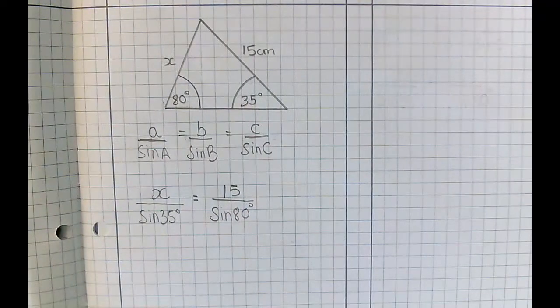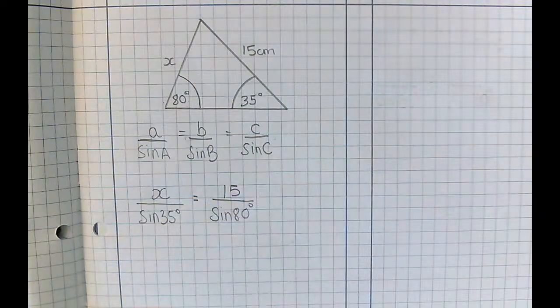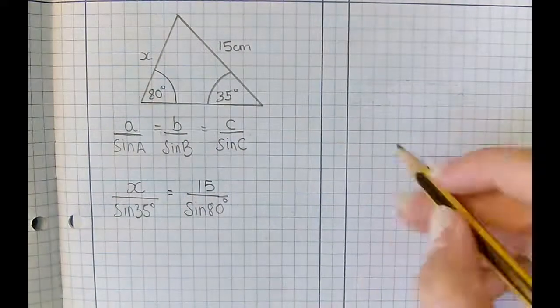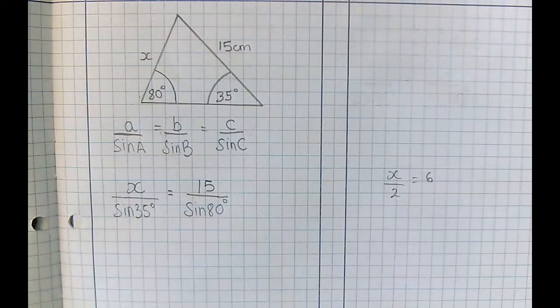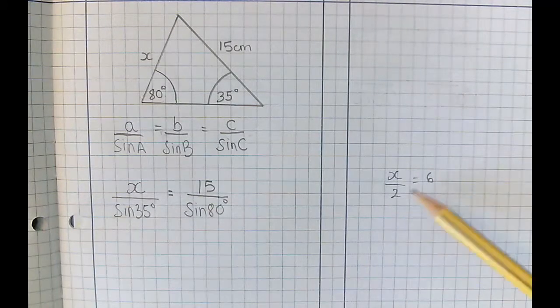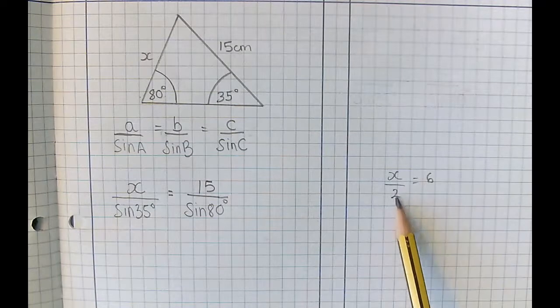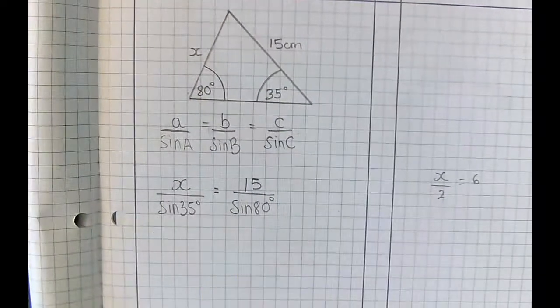This is where the rearranging part comes in. Now we want to work out x in this question, just like if I had this example. So say for example, I wanted to work out x in this case here. Something divided by 2 is 6. So I just need to multiply both sides by 2 because I want to eliminate the denominator. The same skill is required here.